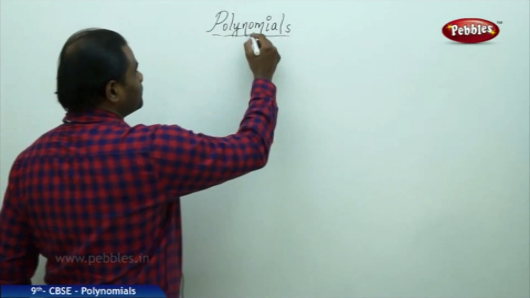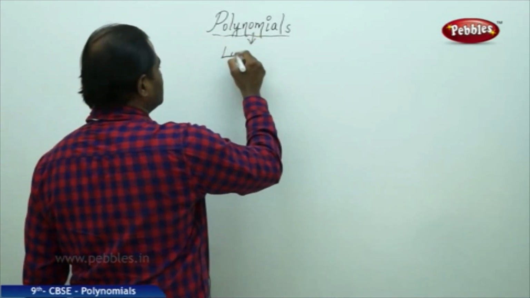Now, as a specific case, let's take the special case of a linear polynomial. In order to find the zeros of the linear polynomial, we have always identified that a linear polynomial has only one zero. Let's try to investigate the zeros of a linear polynomial with an example problem.